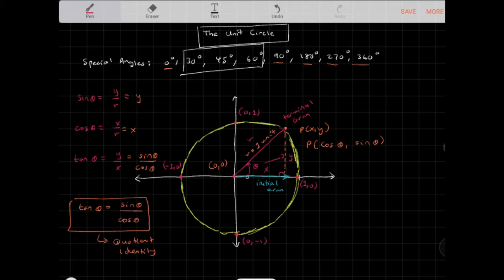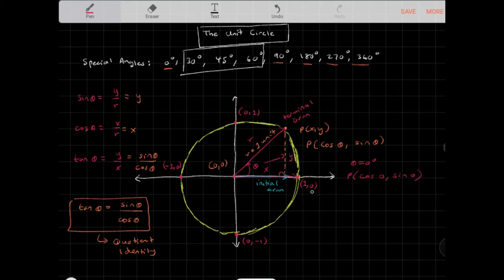Now we can imagine that if the terminal arm was located at the initial arm as such, the angle here would be 0, right? So theta here would be 0 degrees. And the point of the terminal arm would be in the form of cosine 0 and sine 0.